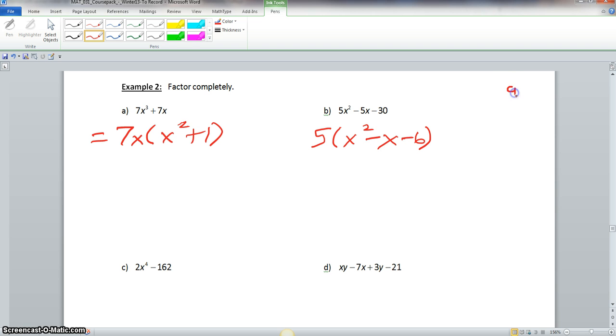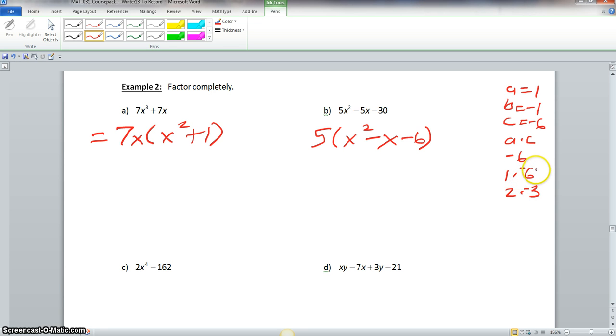So we go over here and list our A, B, and C. A is 1, B is negative 1, and C is negative 6. So we know our A times C will give us negative 6. So we do the factors of 6, which is 1 and 6, and also 2 and 3. Now, since our A times C is negative and our B is negative, that means that the larger number is negative.